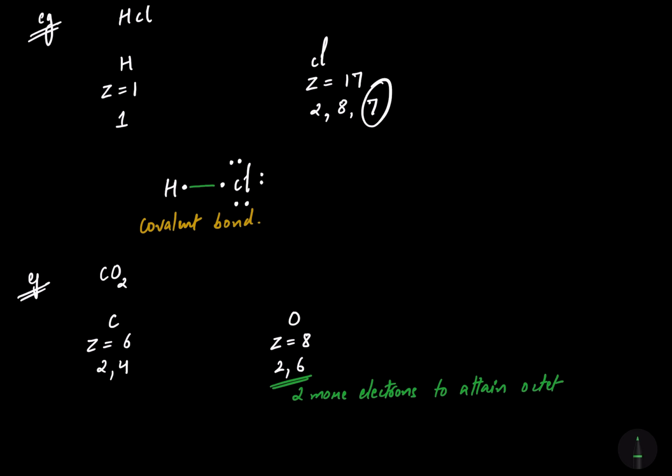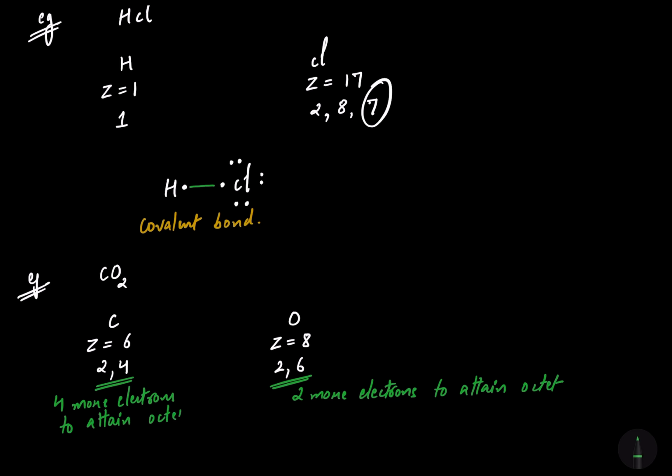Now let's talk about the carbon. In case of carbon, carbon needs 4 more electrons to attain octet. So I'm writing 4 more electrons to attain octet.